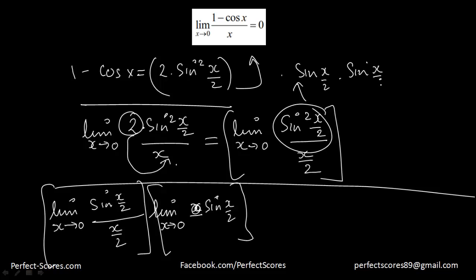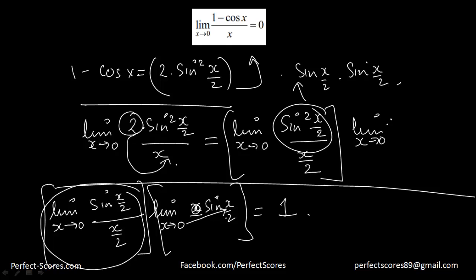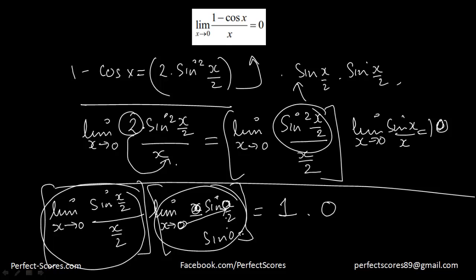As we substitute the value of x here, we know that the first factor is equal to 1, as you know that limit x tends to 0 of sine of x over x is equal to 1. And the other factor is equal to 0, because I substitute x equal to 0, and sine of 0 is going to be 0.